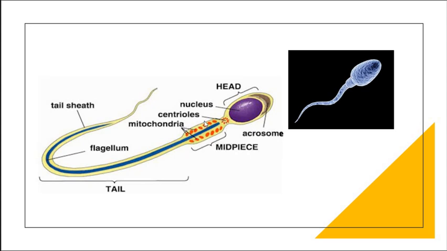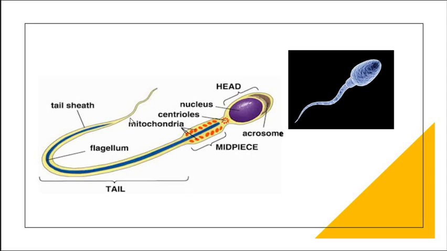The center right here, the midpiece, contains many, many, many mitochondria, which, if you'll remember, function as creating energy for a cell. Currently, before the sperm is released, they do not do anything. They simply sit there non-functional.